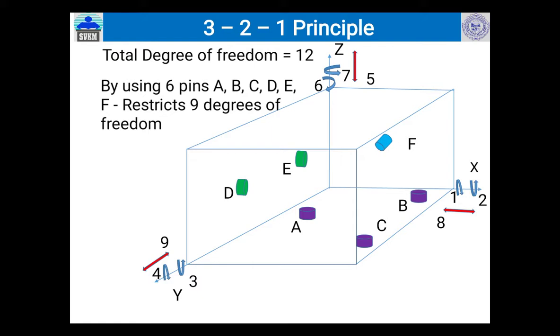So still 3 degrees of freedom are left, that is 10, 11, and 12. So Z upward, X forward, and Y forward. To restrict these remaining 3 degrees of freedom, we have to use a clamp.